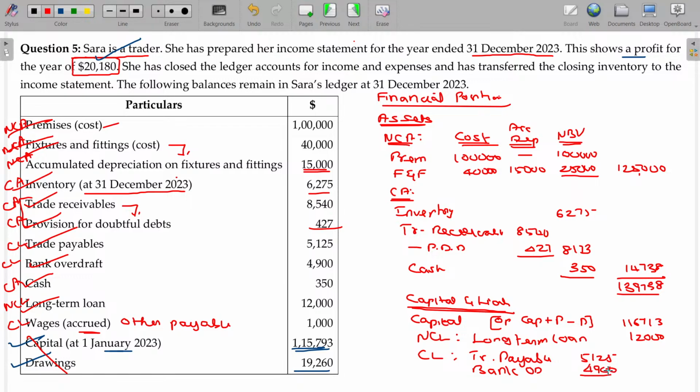The total value being, what more we have? We still have one more item, other payables. Usually other payables you write after trade payables, and bank overdraft can be written next. So this value being 1,000.